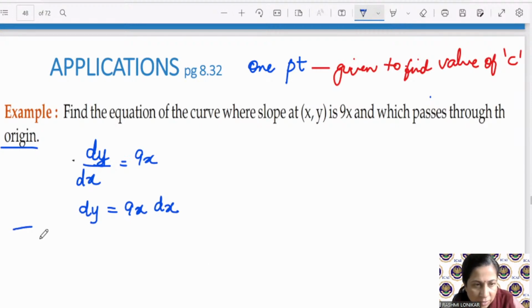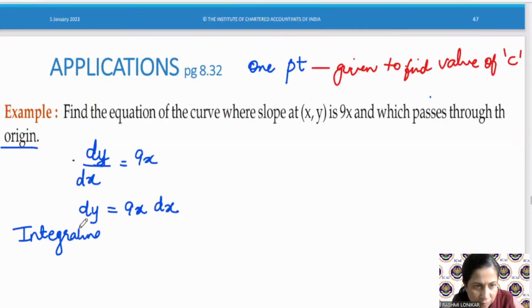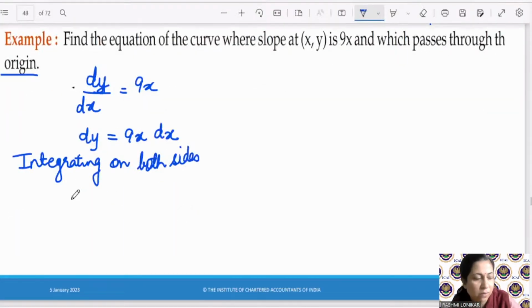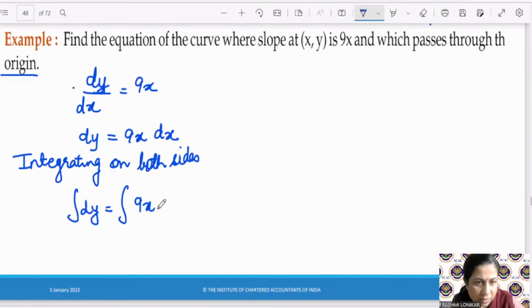Now integrating on both sides, I have integral of dy is equal to integral of 9x dx.